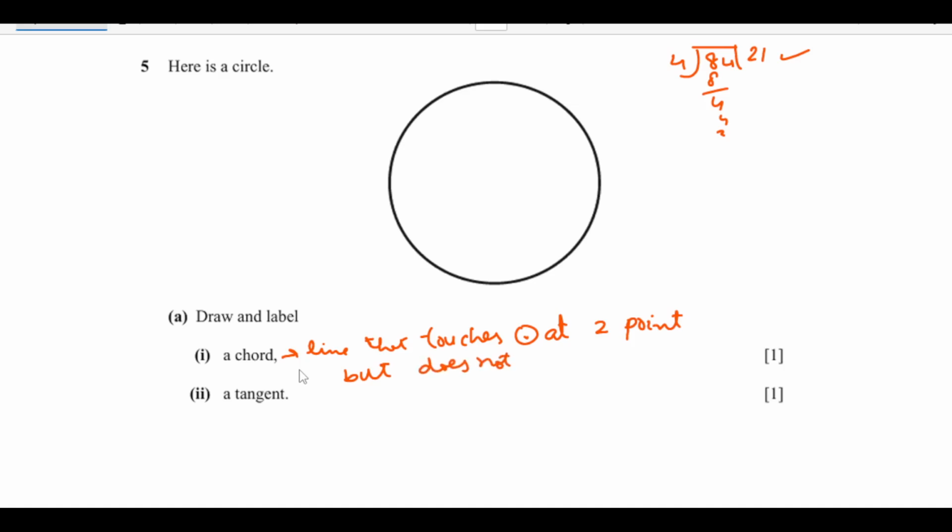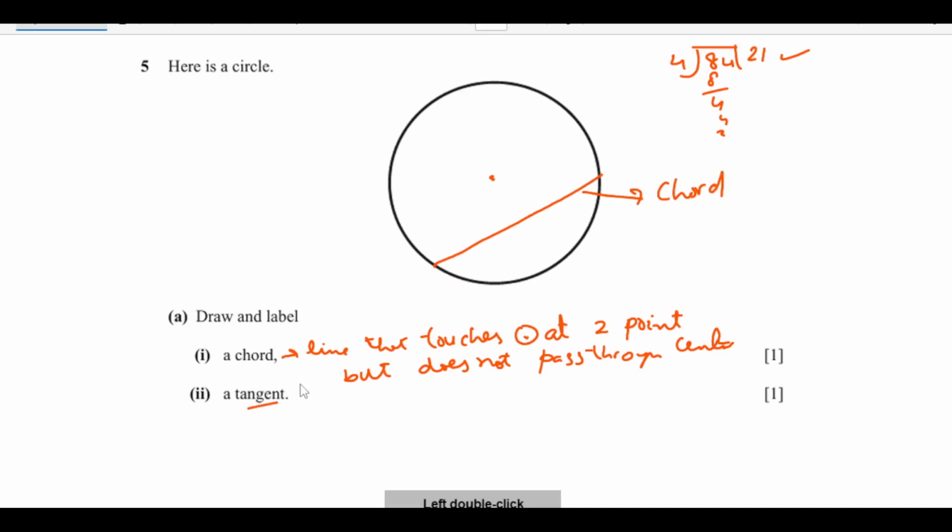This is the definition. If the center is somewhere here, any line that touches the circle at 2 points is called a chord. So this is the chord, right?